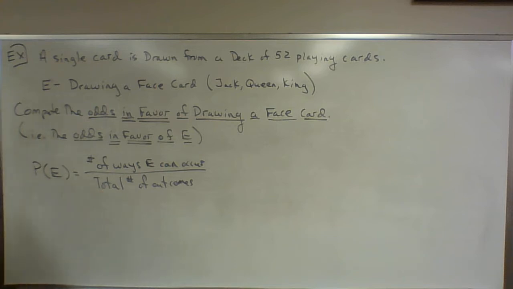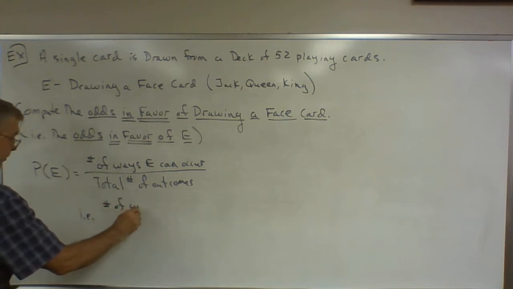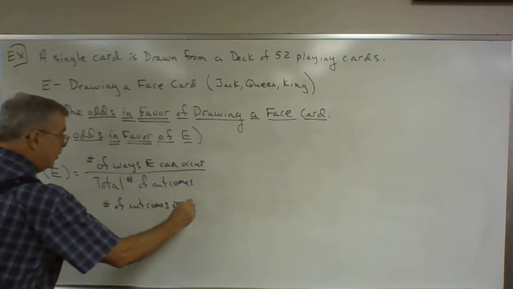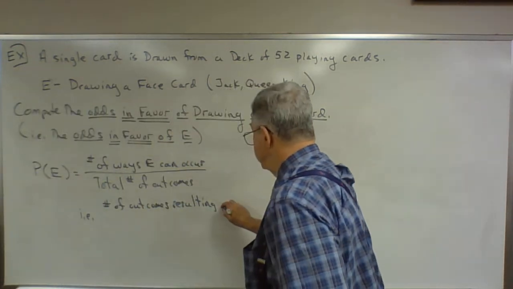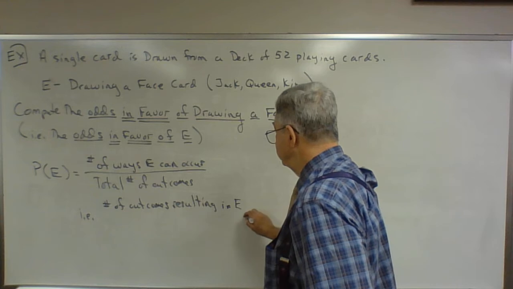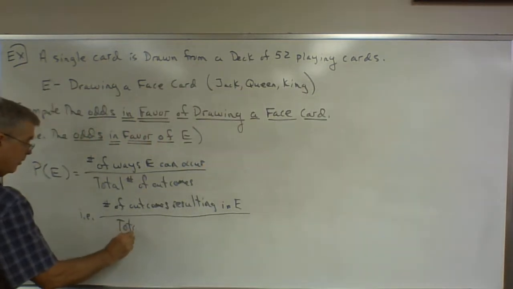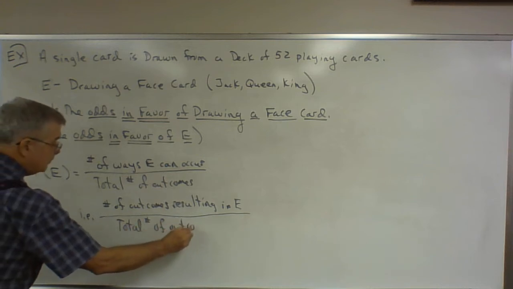Another way of saying this, the number of outcomes that result in E over the total number of outcomes.